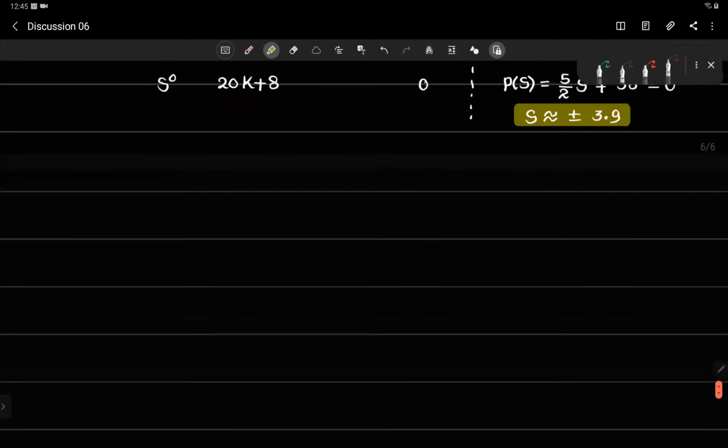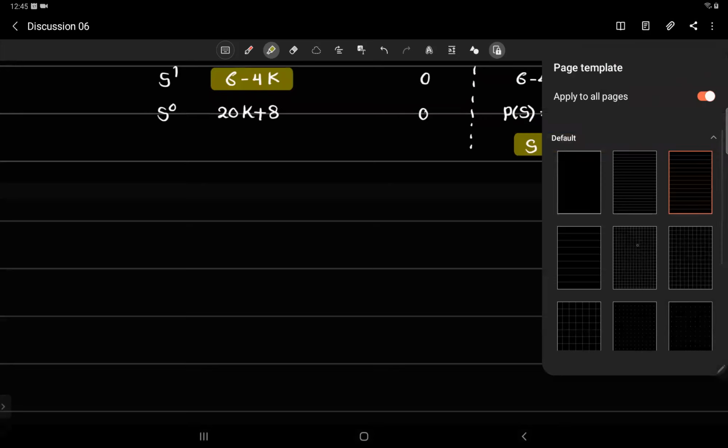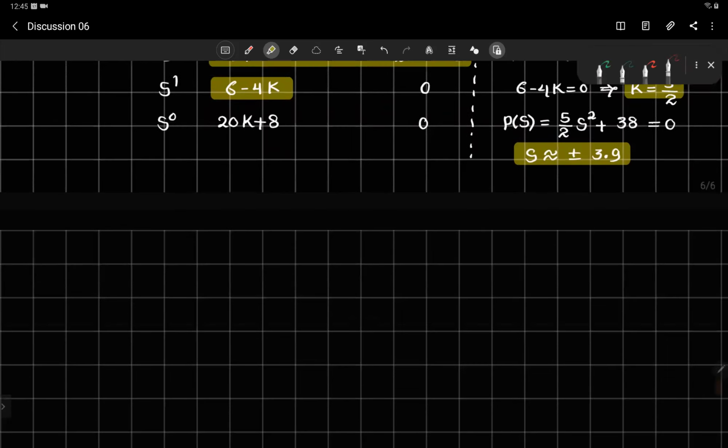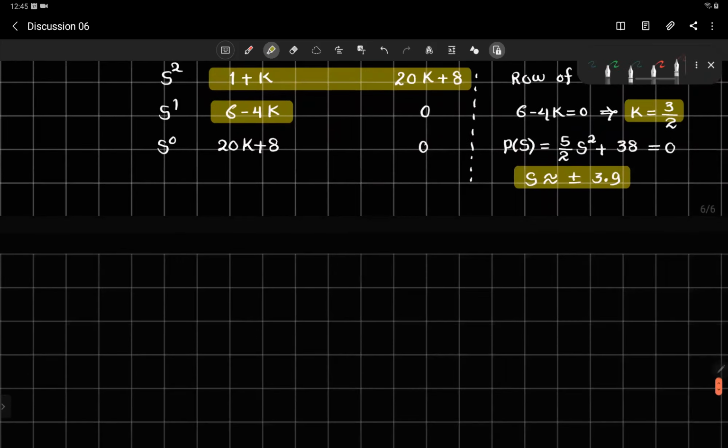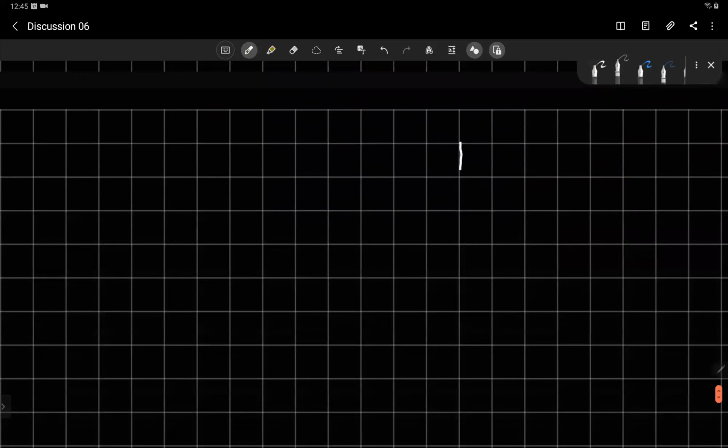And so finally, let's try to give a quick sketch of the root locus.